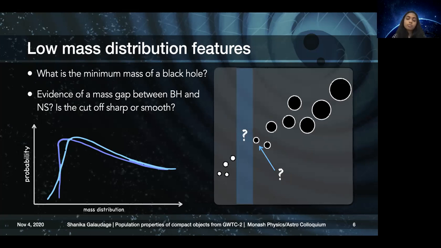And more specifically, given that we're looking at black holes, we can try and understand what the end of the mass distribution looks like. Is it a sharp cutoff, like this purple curve, or a more smooth cutoff? And this can give us information about what the end of the distribution looks like, and whether there's potentially a dip in the distribution.